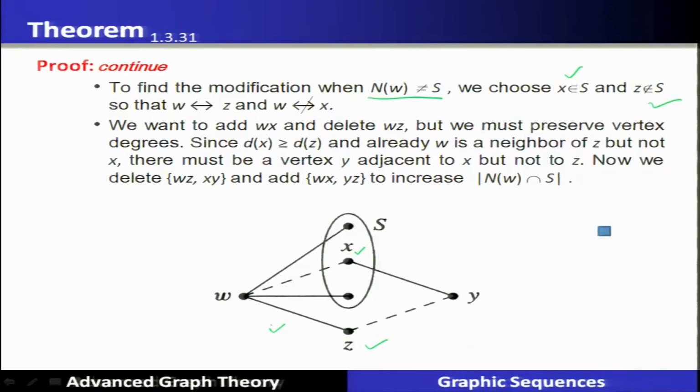So we obtain in this case this particular edge present, but the element X, which is in S, is not adjacent, and this other edge is also not present. So we will do a two switch operation.